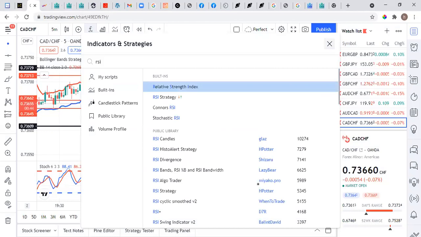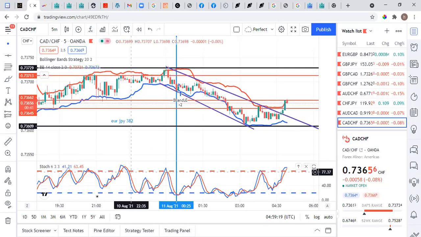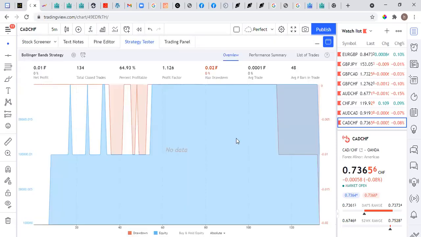I think I added one indicator the other time that I couldn't remove, so it's hidden somewhere. If you're using the free version, you cannot add more than 3 indicators. There's one indicator I added and I can't even find it.